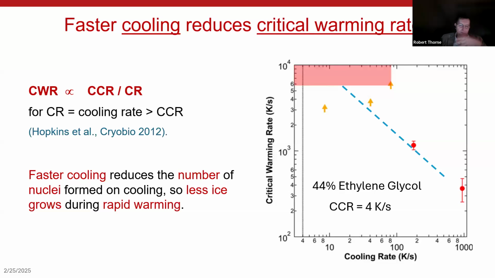And therefore, if they're all growing at the same rate, roughly, you're going to have a smaller ice fraction after a given warming time. So this gives you another way, not just cranking up the warming rates, but actually if you crank up the cooling rate, that'll help pull down the warming rate you need to not get ice.